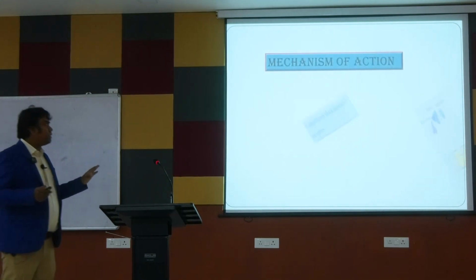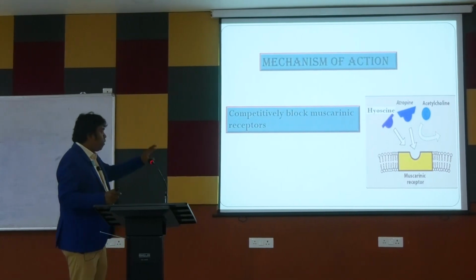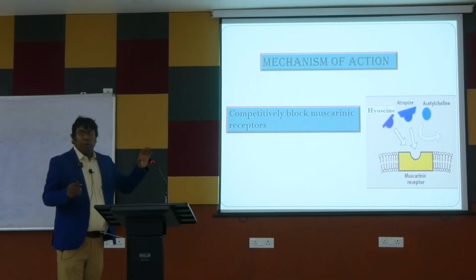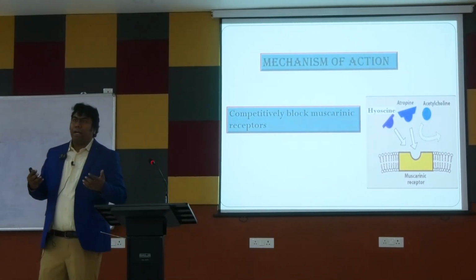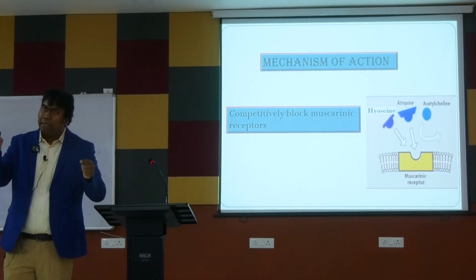So the mechanism of action is a competitive type of blockage. What is the characteristic of competitive? They go for the same receptor. For non-competitive, they go for a different site.